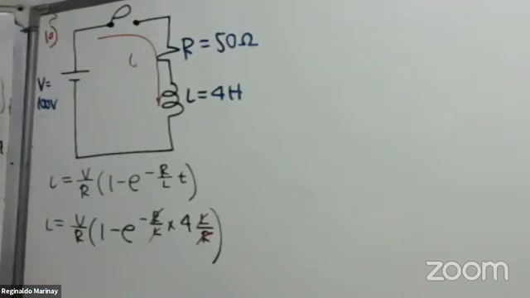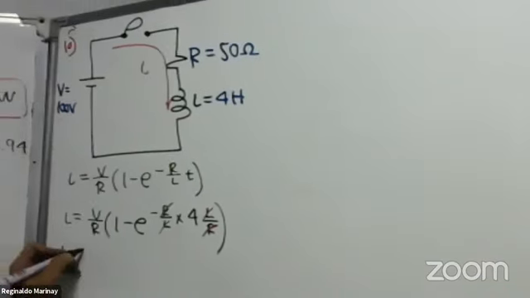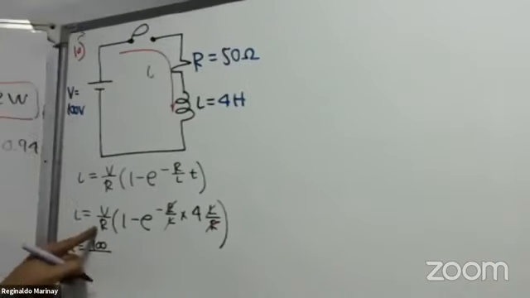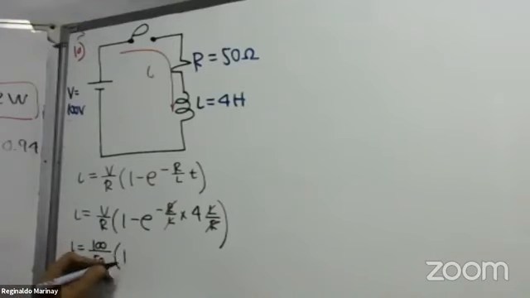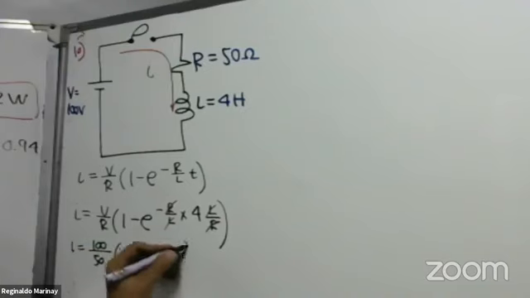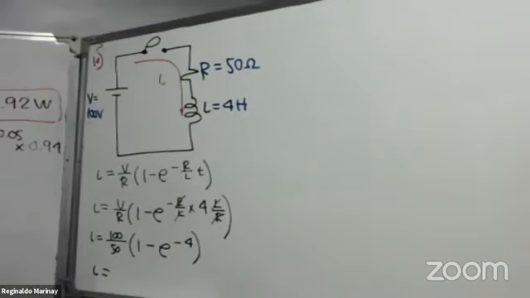Let us substitute the values: voltage is 100, R is 50. Let's calculate 1 minus e raised to negative 4.